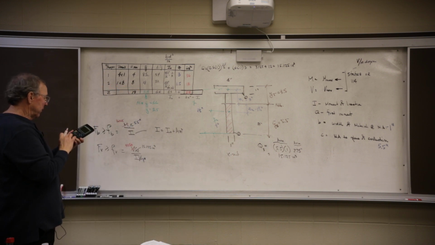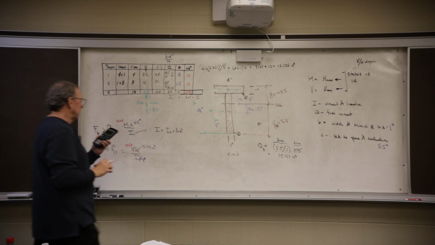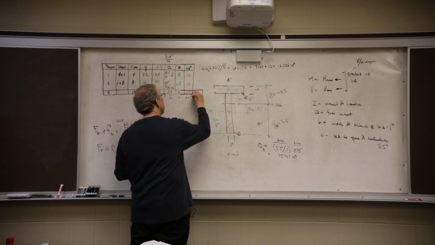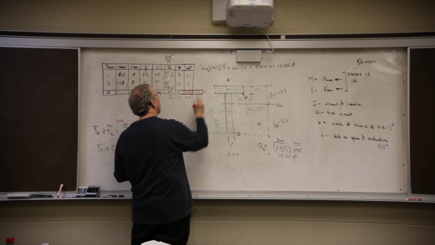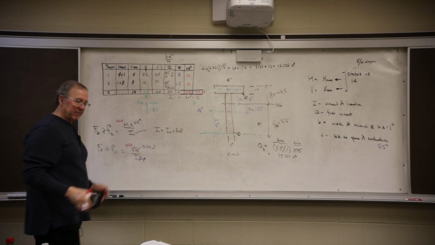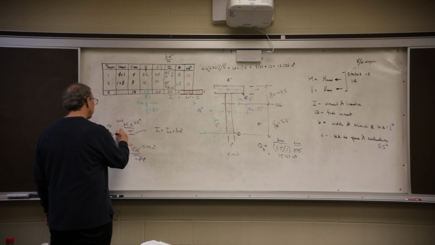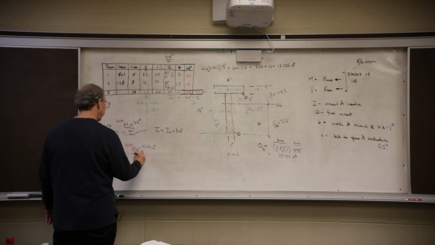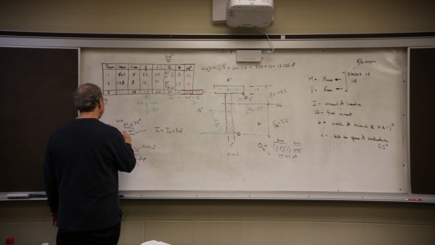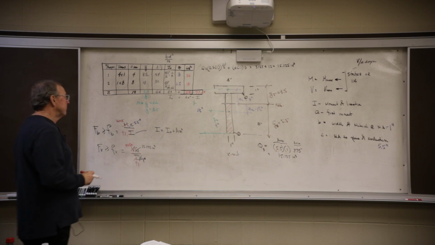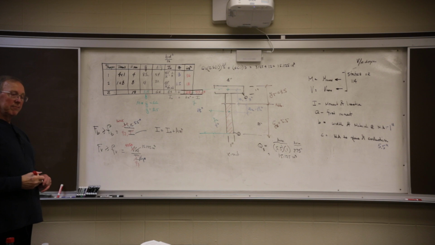Take 43 and add 54 to it and get 97 inches to the 4th. Move 97 right into here. Do the math. And I think you got her done.